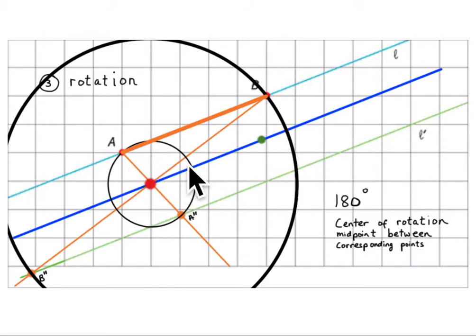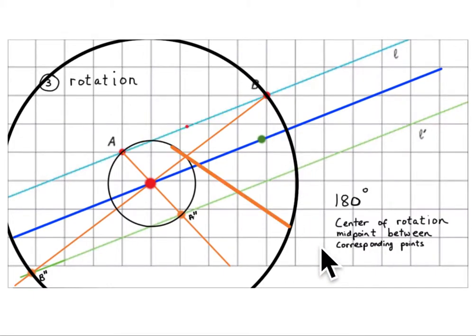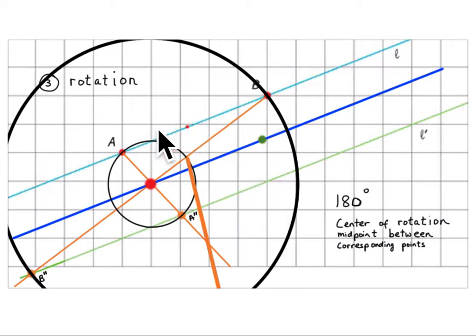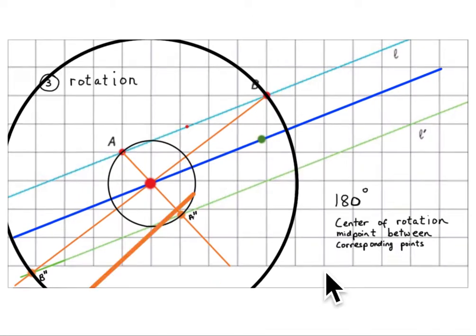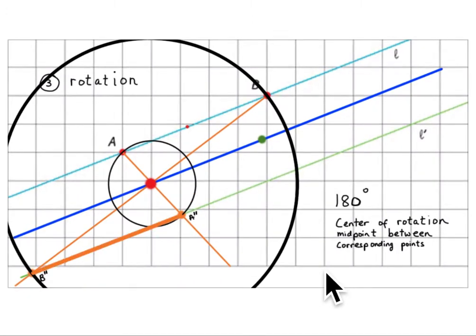So A is going to go to A double prime, and B is going to go to B double prime. And so they're connected. They're the same line segment, so they have to move together as they rotate around. And so this is rotating on A, and this is the circle on which B is rotating. So get all the way around, forms a line that's parallel and an equal distance on the other side.